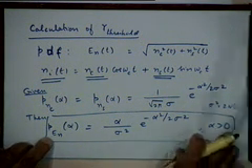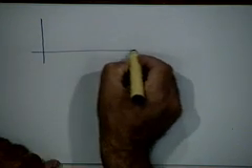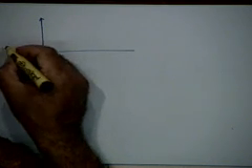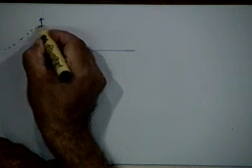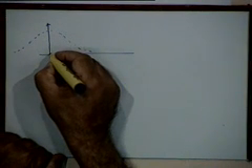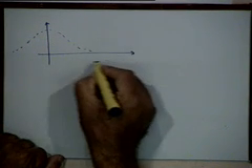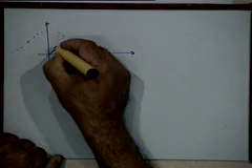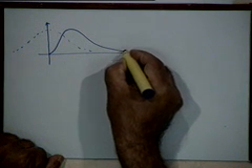So, this density function looks something like this. If you do not know it, I am sure you know it. The Gaussian looks like that, right, the 0 mean Gaussian. The Rayleigh density function, since it is going to exist only for positive values of alpha, will look something like that.